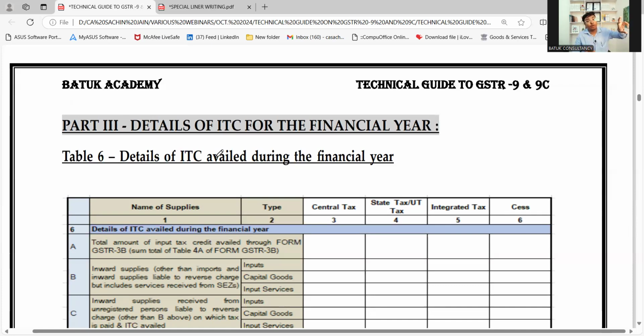There is a requirement of import on account of reverse charge mechanism. So all these things you need to be very careful about. So our part number 3 is related to input tax credit, bifurcation of input tax credit and detail of input tax credit. We'll discuss this input tax credit in a very detailed way. Just try to go through it.